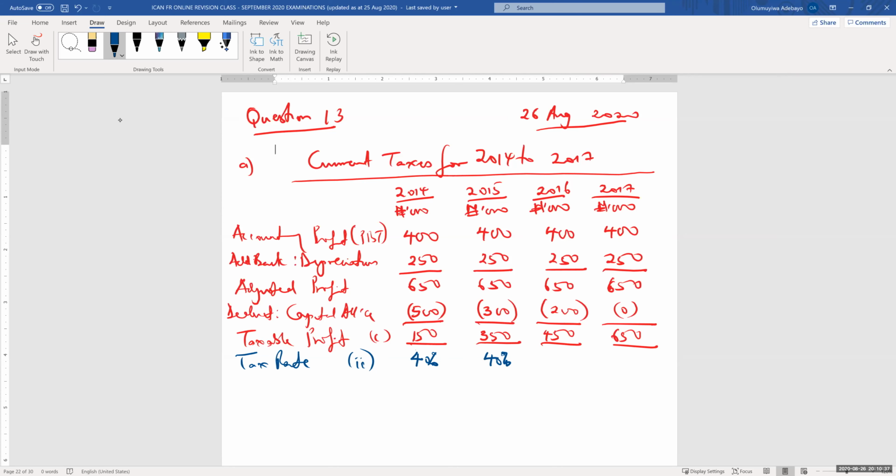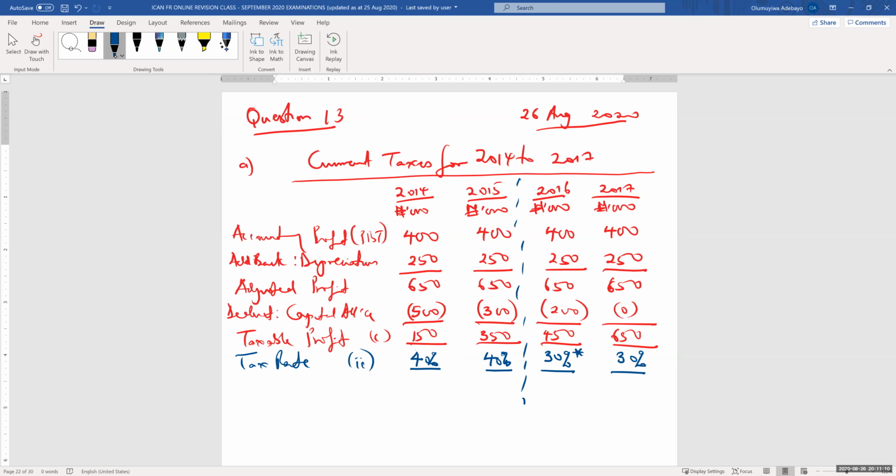Now, it then means that in 2016, this becomes our cutoff. The position changes between 2015 and 2016, and our new tax rate is 30%, going forward until a future time when there might be a change in the tax rate.